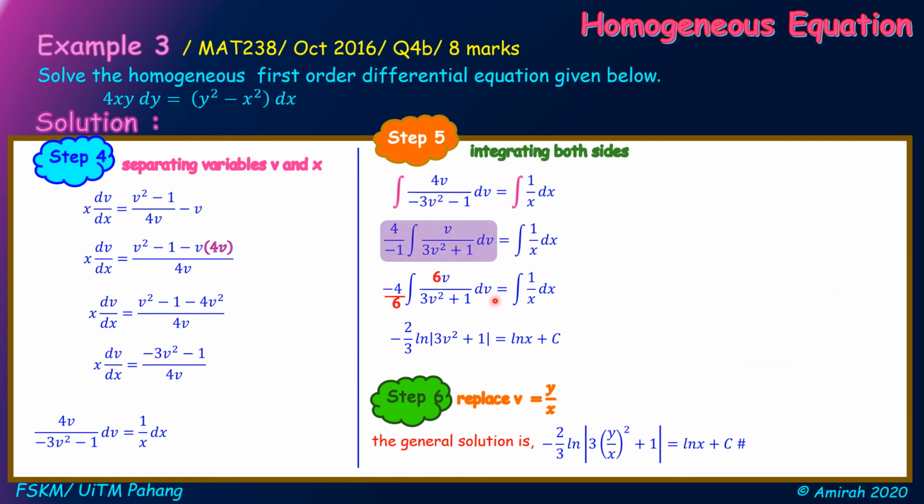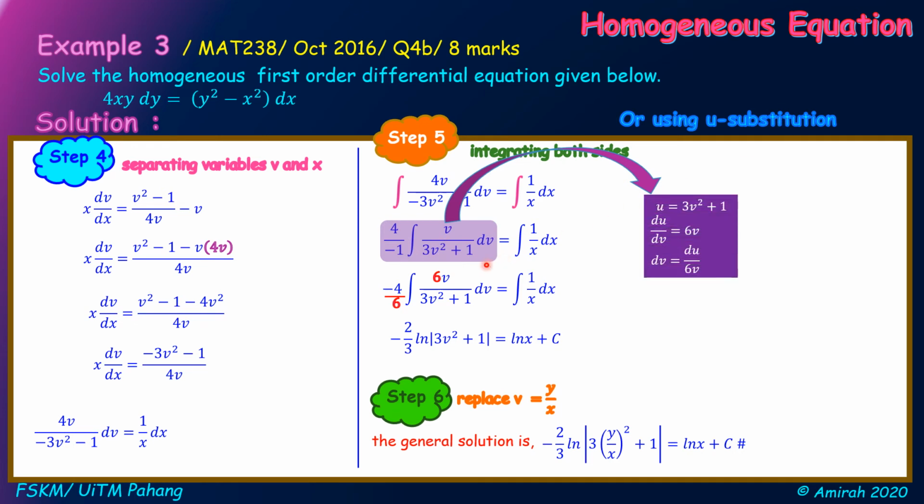And before that, from here, actually we can integrate using U substitution. We choose U equals the denominator 3V squared plus 1. So we have variable U and variable V here. When we differentiate, it becomes du over dv. We differentiate 3V squared plus 1, we have 6V.